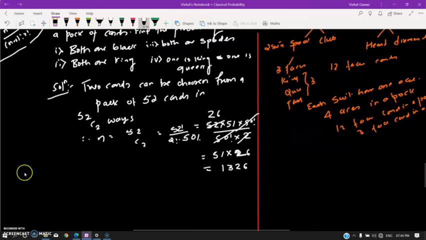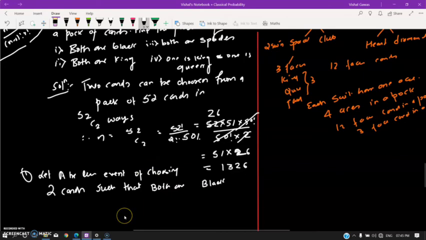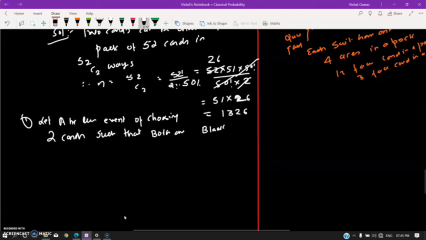Now let us look at the first option. Let A be the event of choosing cards such that both are black. There are altogether 26 black cards. In how many ways can I choose two black cards from 26 black cards? Obviously, this is the same as choosing r items from n given items.